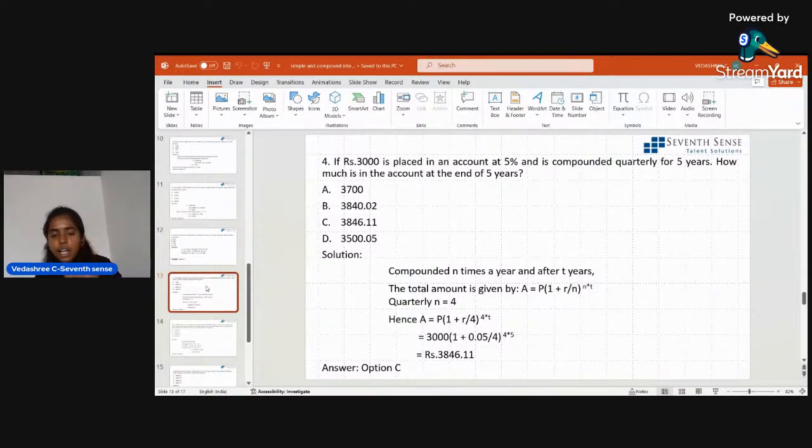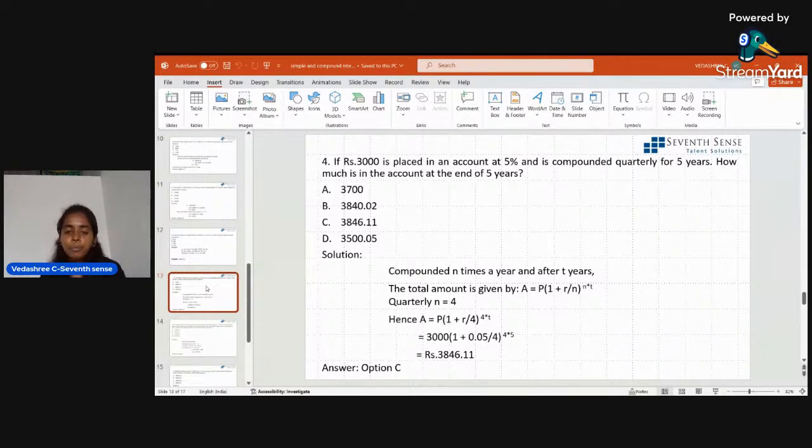So how will you calculate? First consider it compounded n times a year and after t years. So we will use the compound interest formula.